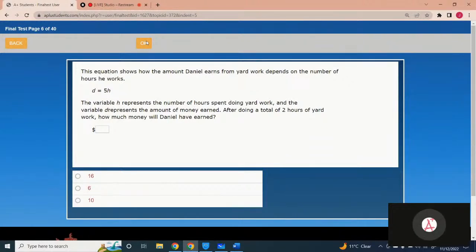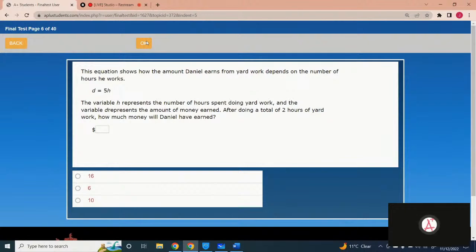This equation shows how the amount Daniel earns from yard work depends on the number of hours he worked. D equals 5h. The variable h represents the number of hours spent doing yard work, and the variable d represents the amount of money earned. After doing a total of 2 hours of yard work, how much money will Daniel have earned? So D equals 5h and h has the value 2.